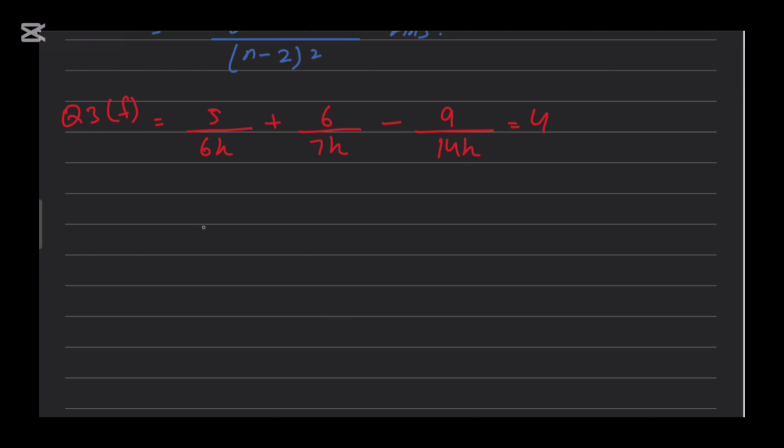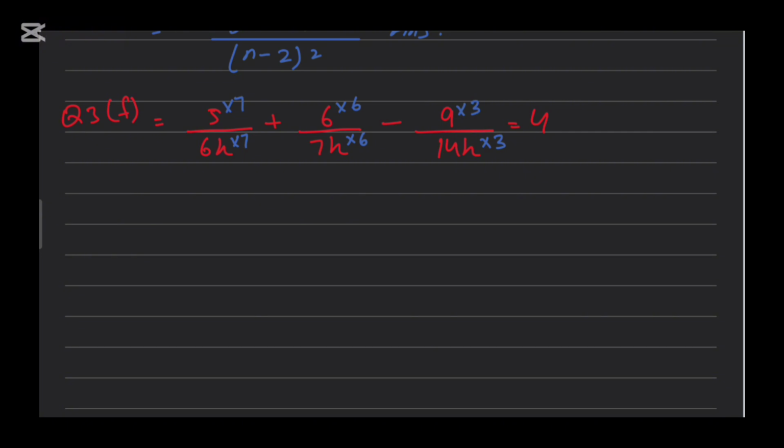If you multiply 6 with 7, you will get 42. 5 will also be multiplied with 7. 7 will be multiplied with 6 to get 42, and 6 will also be multiplied with 6. 14 will be multiplied with 3 to get 42. 9 will also be multiplied with 3. This will be your first step.